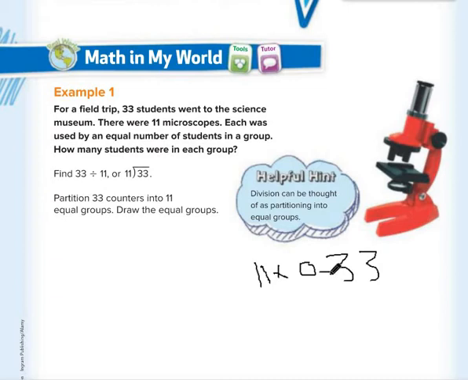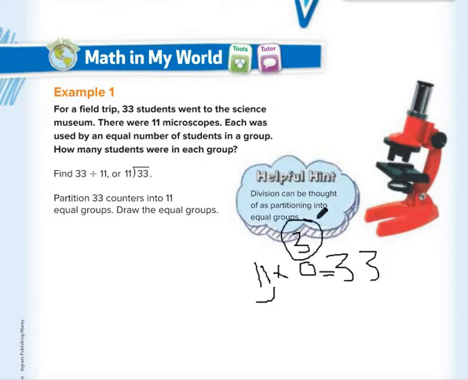I think you memorize 11 multiplied by what equals 33. It's so easy. Did you say 3? If so, you're totally right, grade 3. So 33 divided by 11 equals 3.